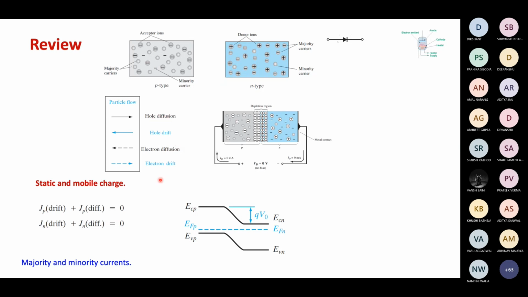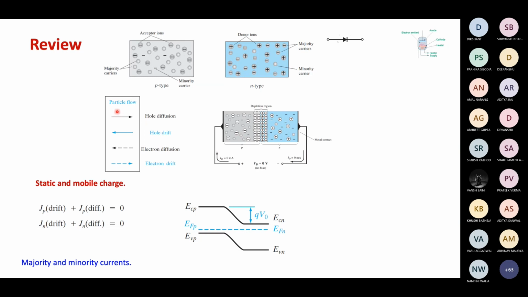Drift arises because of the depletion region, because in the depletion region there is now an electric field in the system, and this field will push electrons from the p side to the n side and holes from the n side to the p side.